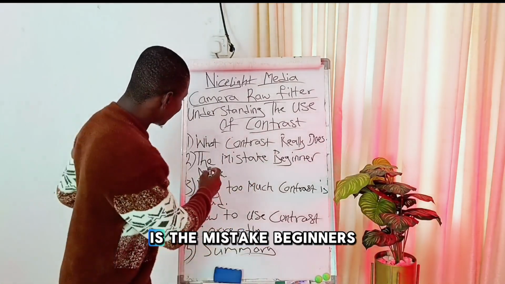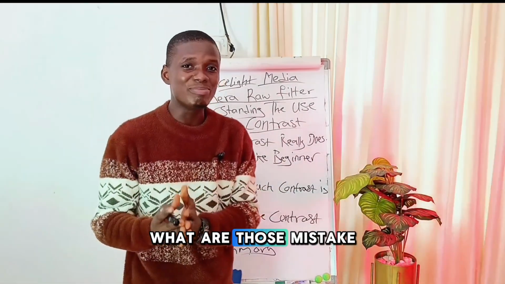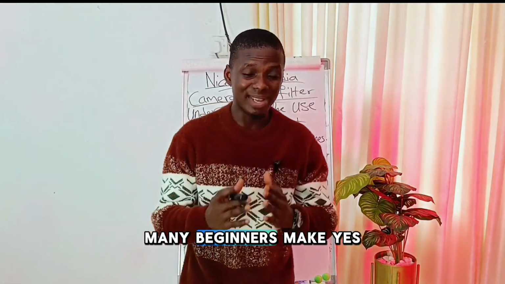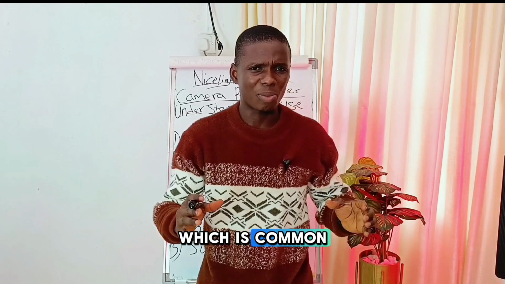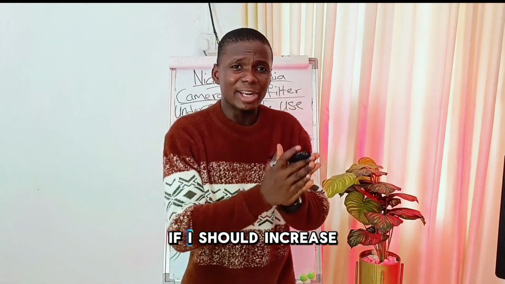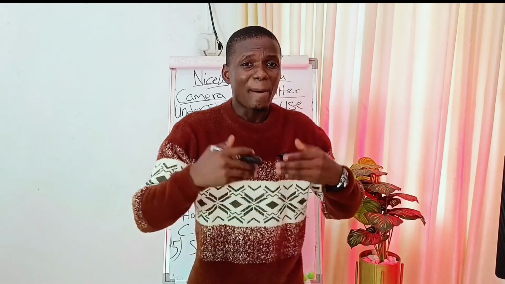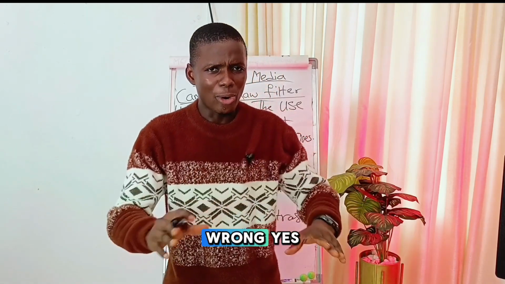And number two here is the mistake beginners make. What are those mistakes many beginners make? Now, most beginners think if I increase contrast, my image will look sharp, which is totally wrong.